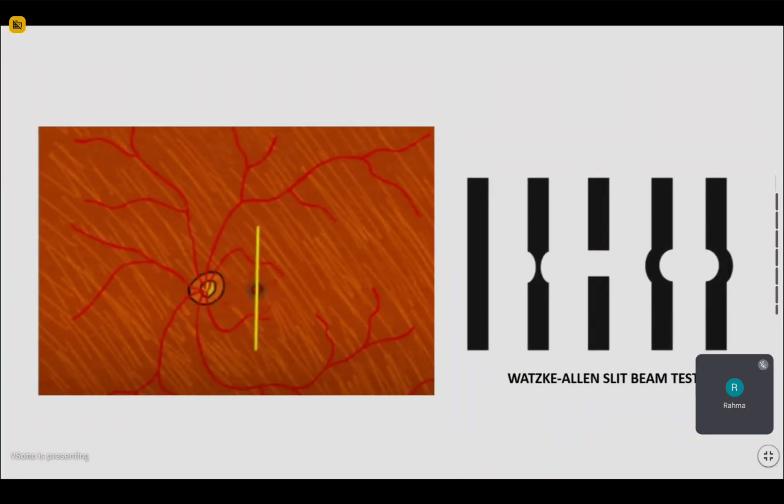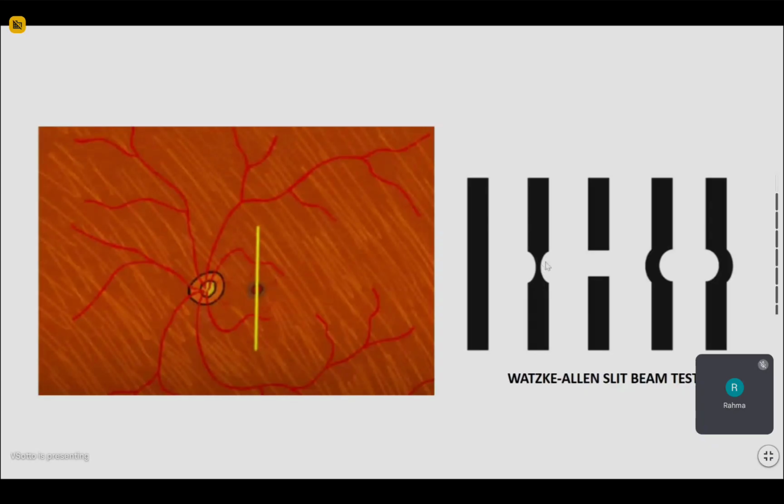In testing with the Watzke-Allen slit beam test, you will be assessing the patient's view of a slit of light. For patients with a macular hole, since the fovea is already affected, the patient won't see a single slit as a whole.